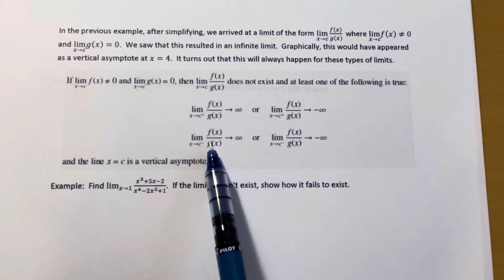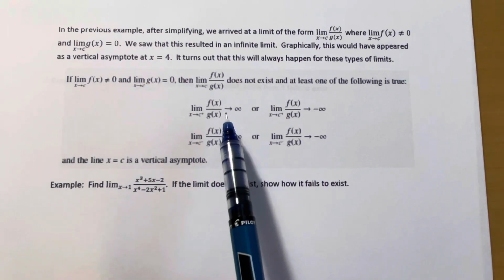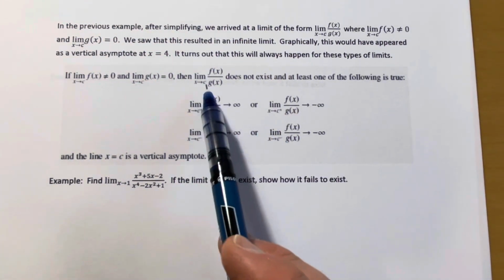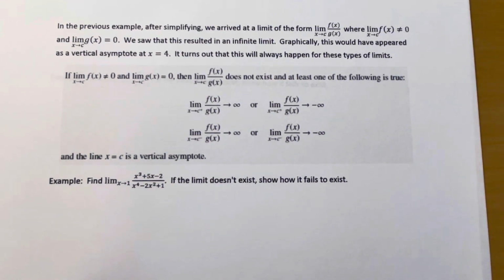And notice we break it down into a bunch of cases here, because oftentimes you will see a different thing happen if you approach that number from the right compared to when you approach it from the left.